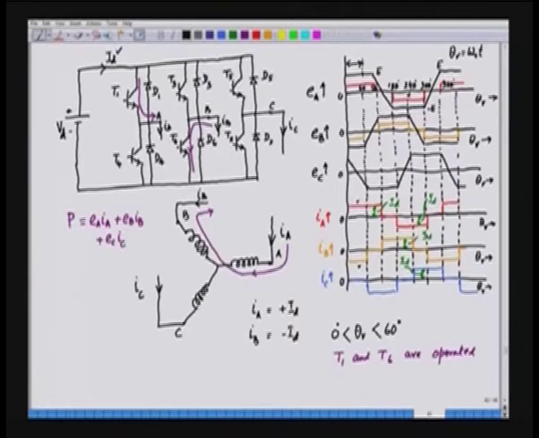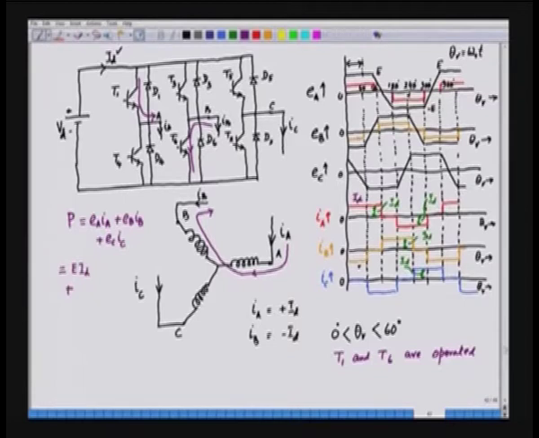Now, the power in phase A is given as E into the current ID. The current here is ID. So, the power in phase A is E into ID. What about the power in phase B? In phase B the voltage has reversed, this is minus E here, and the current is also minus ID.